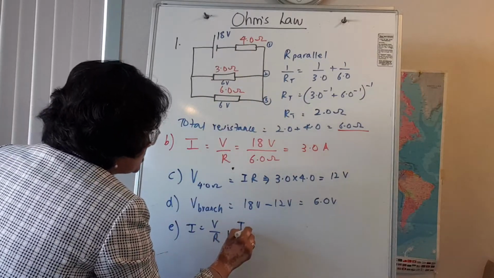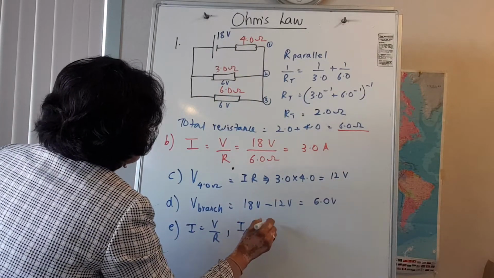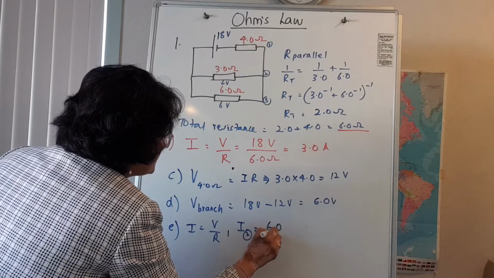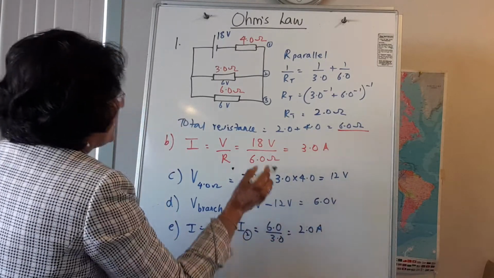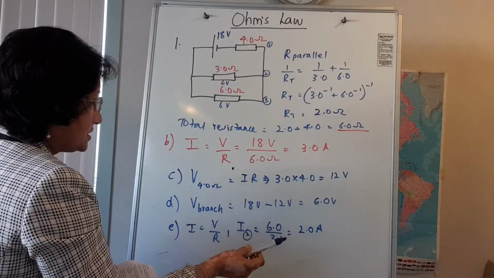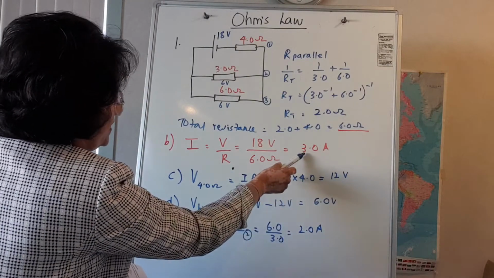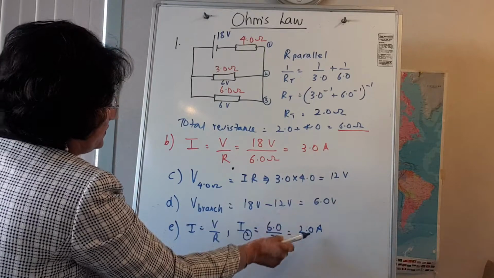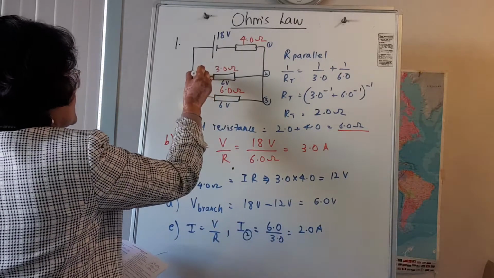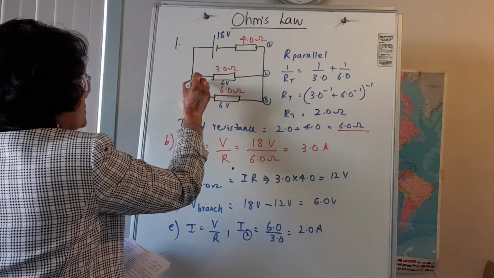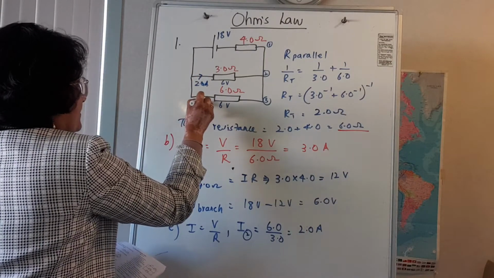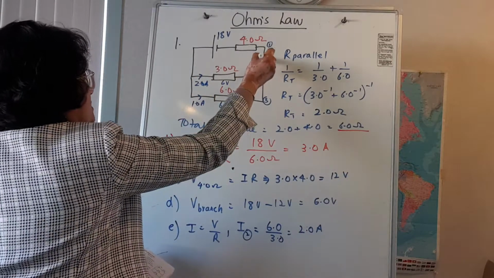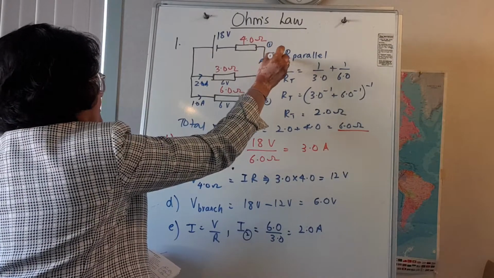So middle branch is 6 volts divided by 3 ohms. You get 2 amps. And there's a total of 3 amps coming out of the battery. So 3 minus 2 is 1 amp. So you have 2 amps over here, and you got 1 amp current going through the bottom branch, and through that branch you've got 3 amps.